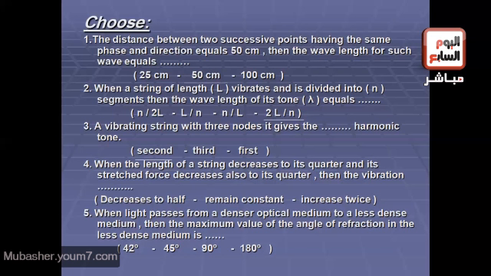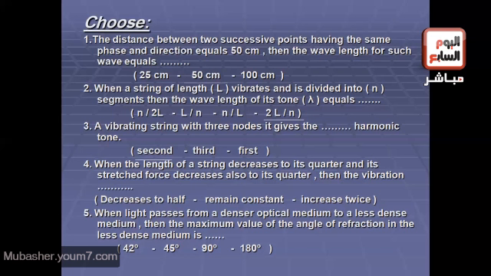So what is the relation between the length, the velocity and the frequency? Think carefully. Okay, the length decreases to its quarter and the force decreases to its quarter. This means that the frequency, that's right, increases twice.